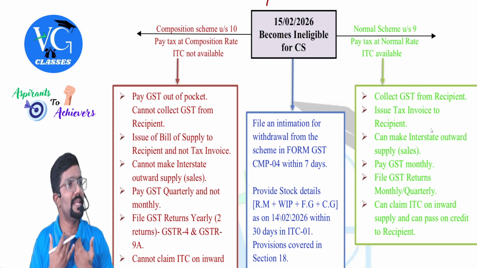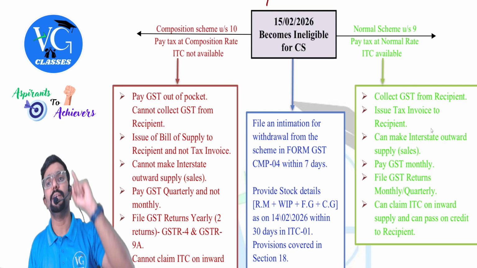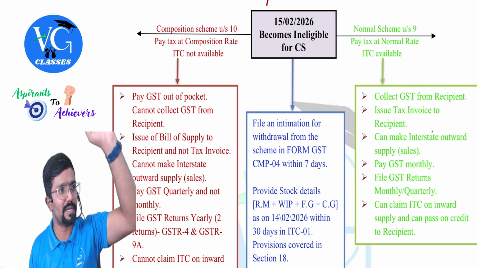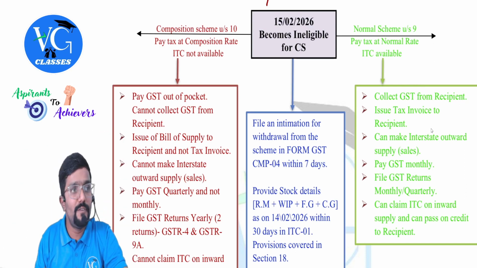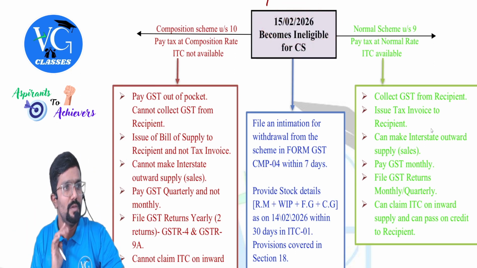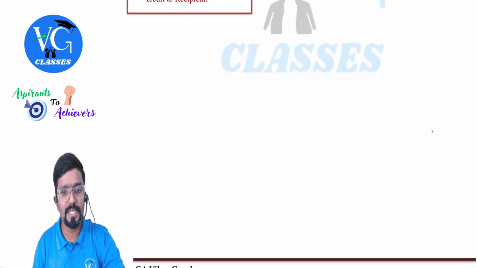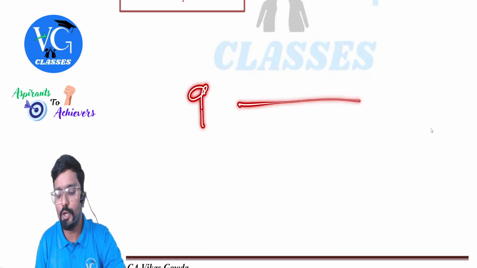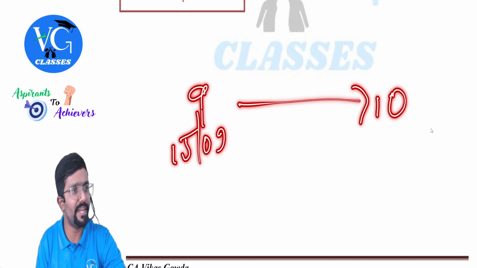When I become ineligible for section 10, should I move out immediately? Yes, guys, please listen. One clarity, please listen. On 15th February, I became ineligible for the composition scheme. When should I go to section 9? Immediately, the same day. Now, sir, I was under section 9, so I want to move to section 10. I felt like moving on 15th February. Can I move?